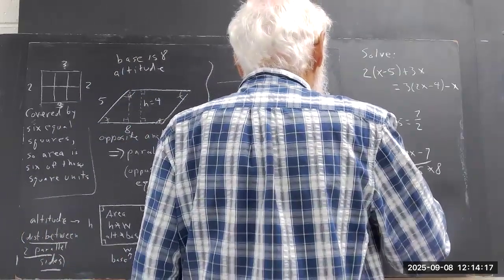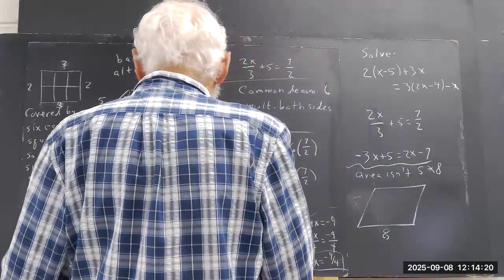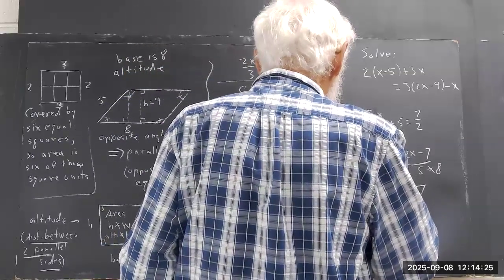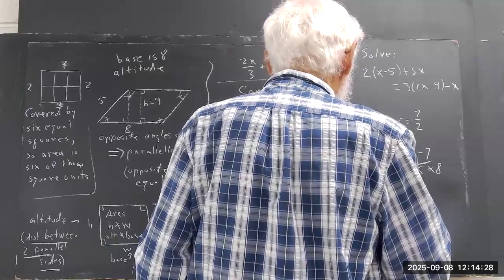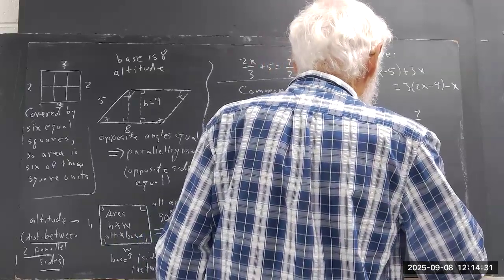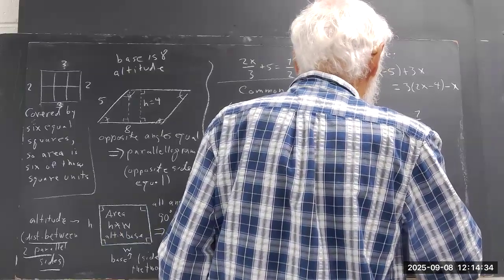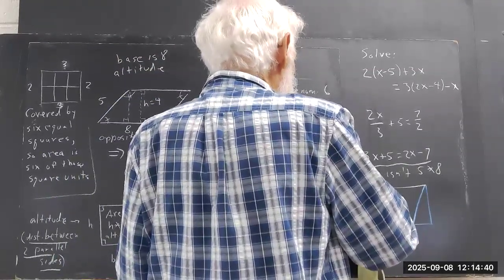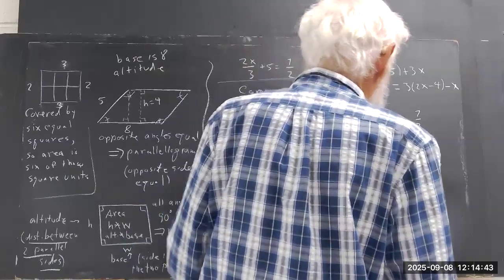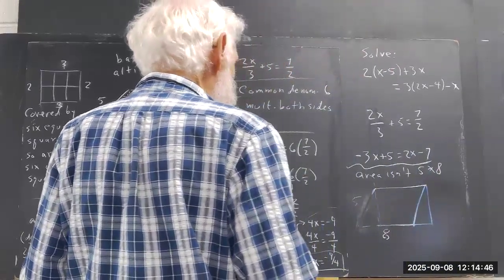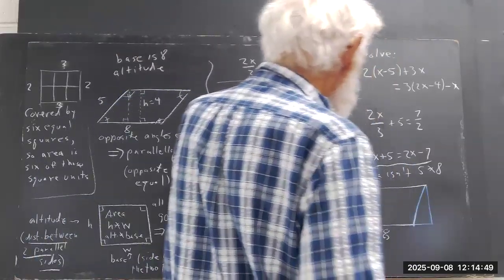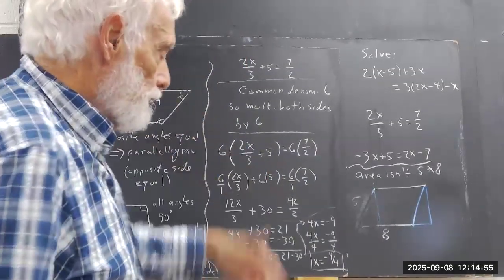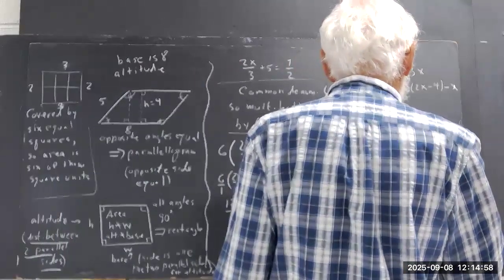Because I can chop this triangle off. And I can put it over here. Then I can lightly erase these two sides so you can still see their images. Okay, well, this side is 5 just like this because the opposite sides have the same length. So this side is 5 here.